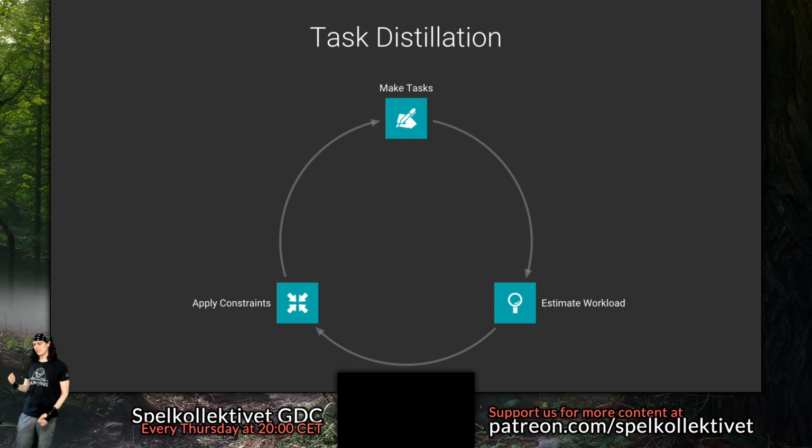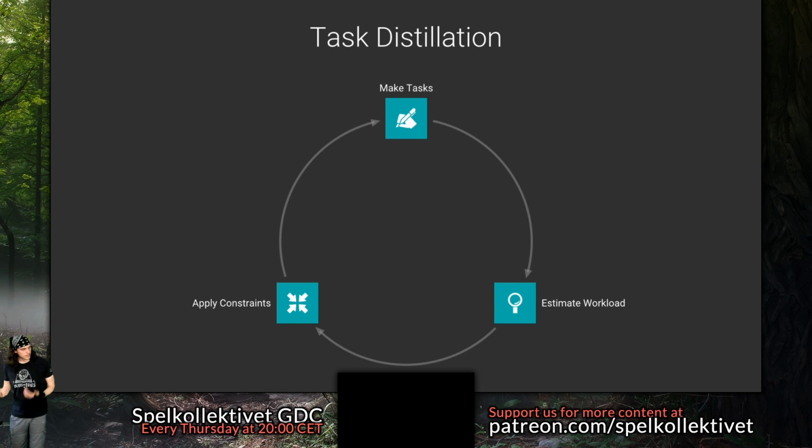This has some different kinds of terminology depending on which companies you've been working for or generally what you have been doing. But at its core, task distillation is something that is used to make a specification for a feature or something that just needs to be done, and making it as specific as possible, making it as clear as possible to whoever should be dealing with this.